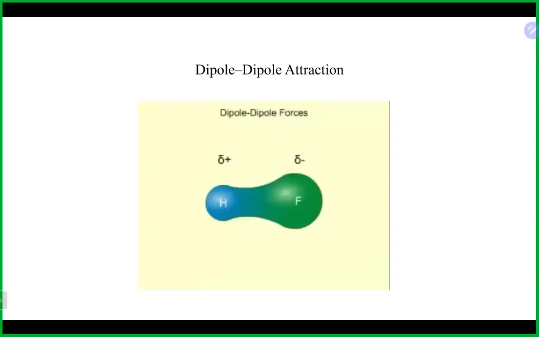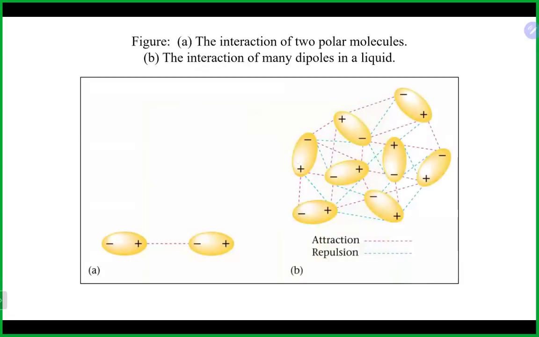So again, the attraction there is always between the positive side of one and the negative side of another. This is a relatively strong intermolecular force because polar molecules, no matter what you do to them, will always have a positive side and a negative side because of that unequal distribution of electrons, which means essentially they're good to go. They're ready to do this interaction.